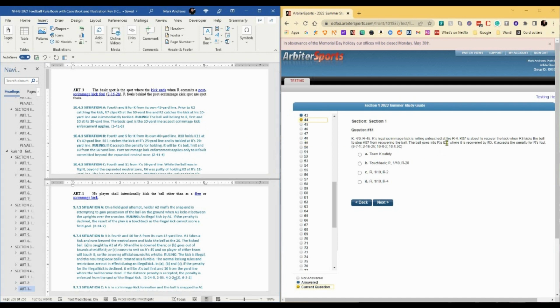The kick ended in the end zone. So this is a touchback. Okay. So normally we would have it R first and 10 at the R20 had R3 not committed that foul. But R3 committed a foul at the R4, right? So we are going to enforce it as a spot foul, and it'll be R's ball, first and 10 at the R2.